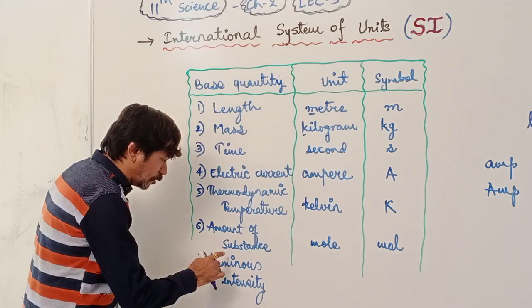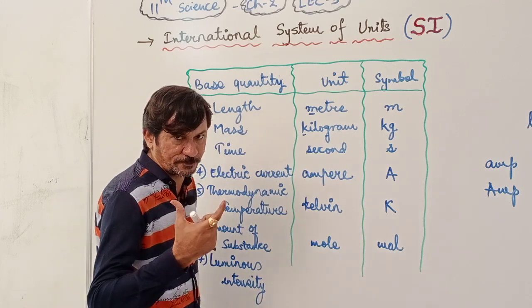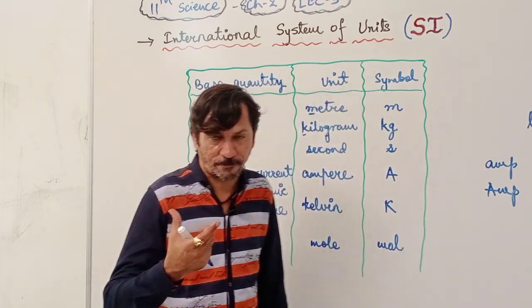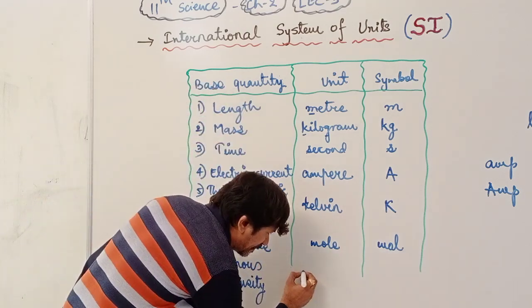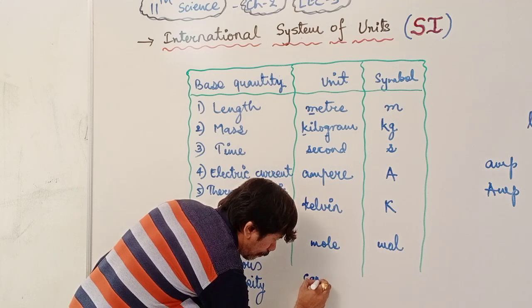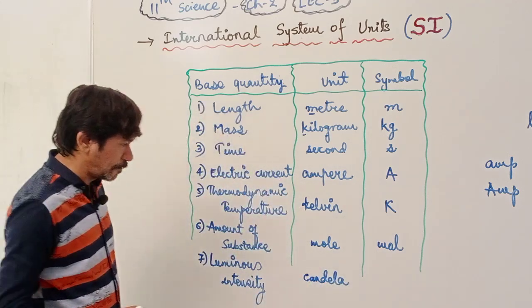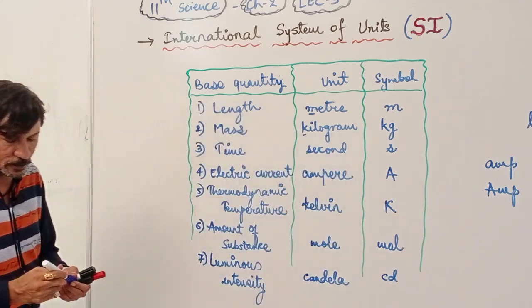Luminous strength, or simply intensity of light, intensity of radiation. It's measured in candela, and denoted by cd, small cd.